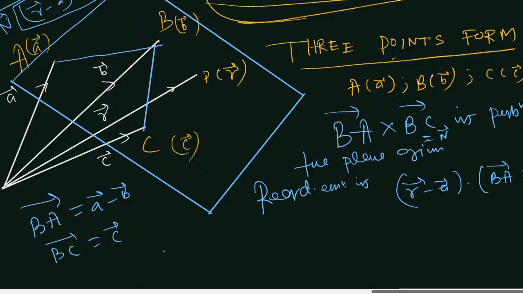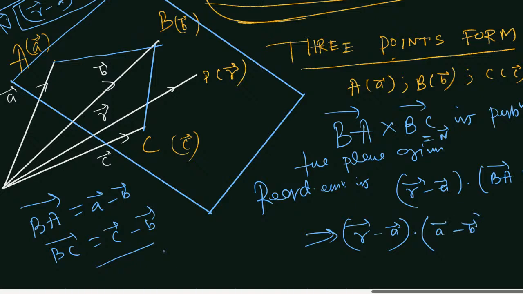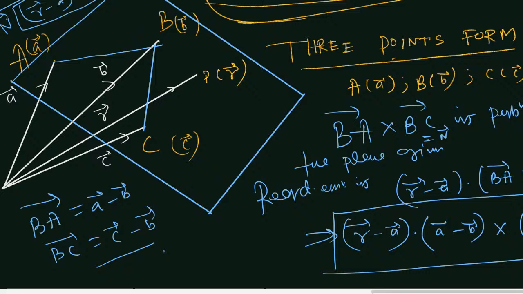Position vector of C minus position vector of B. BA cross BC, this thing. R minus A dot n 0, n we got here. This thing you can keep in bracket. I am not going to simplify it, I am just showing you the method. This is the method. That by using one point form only we are getting.